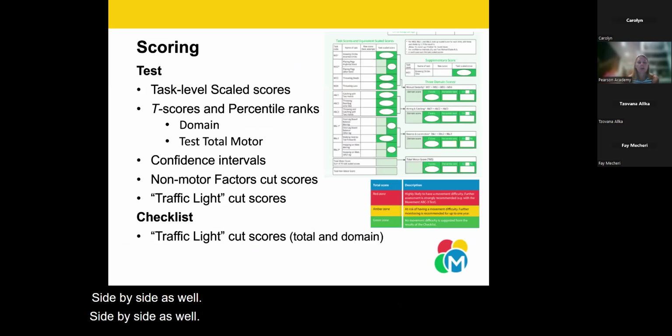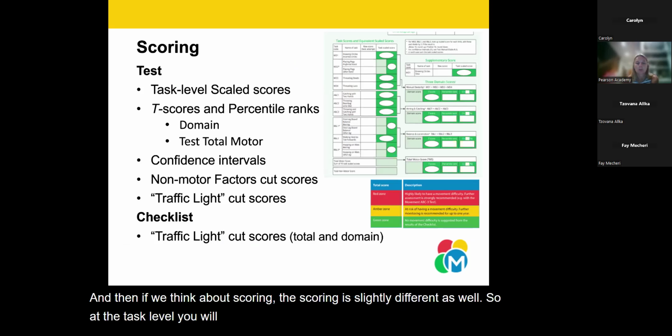And then if we think about scoring, the scoring is slightly different as well. So at the task level, you will calculate a scaled score, which has a mean of 10 and a standard deviation of 3.